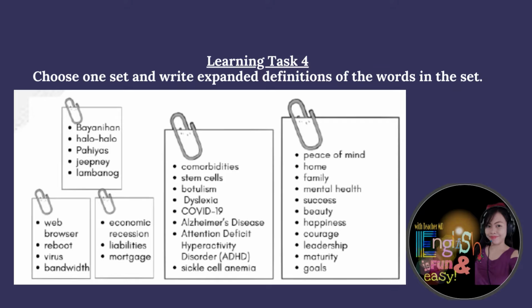And for set 4, we have comorbidities, stem cells, botulism, dyslexia, COVID-19, Alzheimer's disease, attention deficit hyperactivity disorder or ADHD, and sickle cell anemia. And for the last set, we have peace of mind, home, family, mental health, success, beauty, happiness, courage, leadership, maturity, and goals.